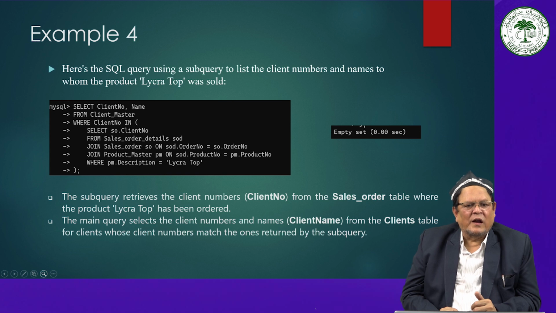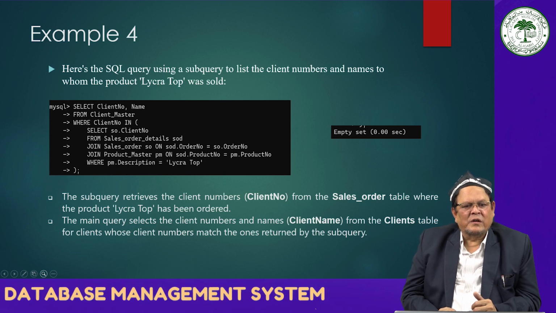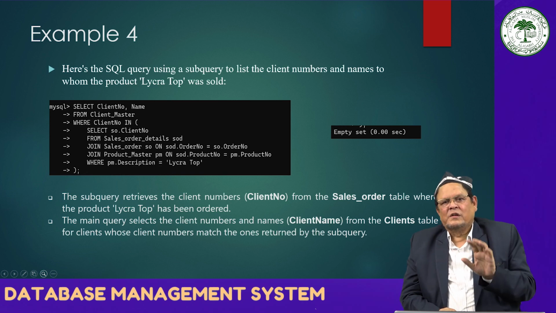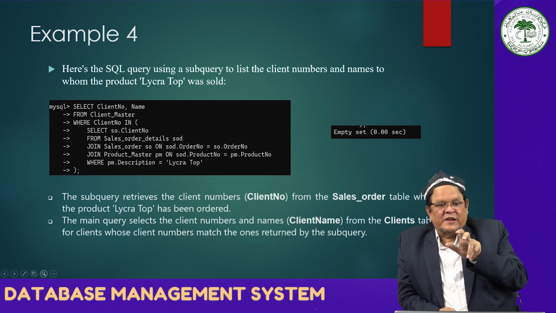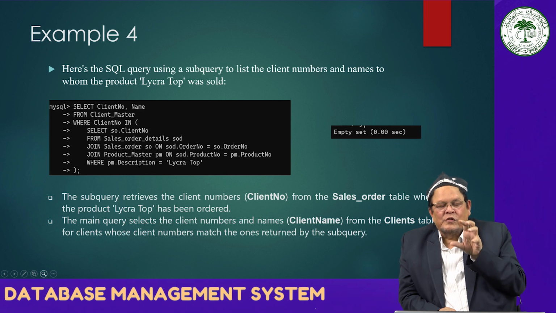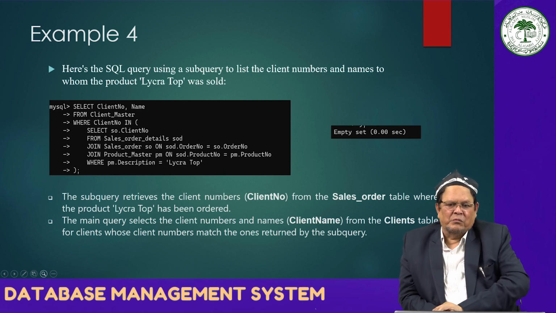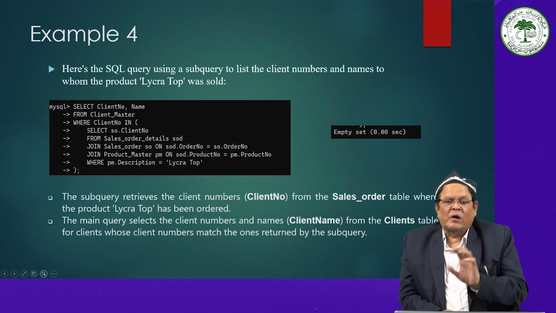In that you have to write select client number, name from client master where client number in. Then you have to find the nested part. It means first of all you have to solve the subquery. The subquery retrieves all the client numbers from the sales order table where the product Lycra top has been ordered.